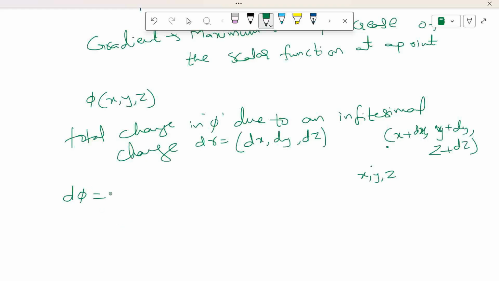How can we do this? We calculate dou phi by dou x. This is a partial differentiation of phi with respect to x. Now we are multiplying with dx. Here dx is not the same as dou x, so please understand the difference.